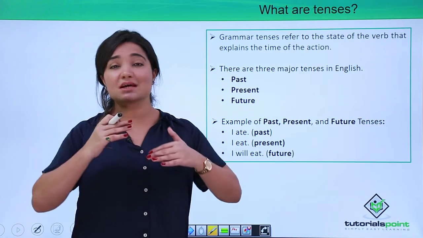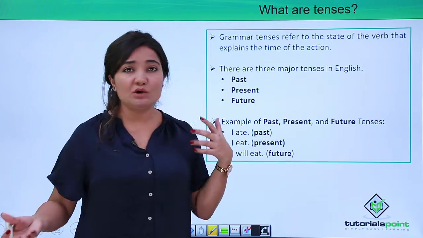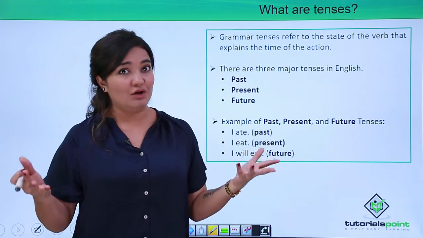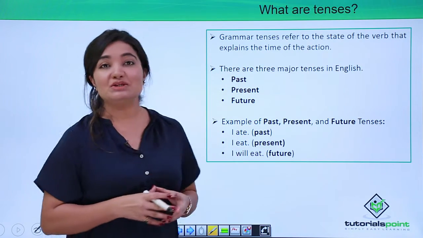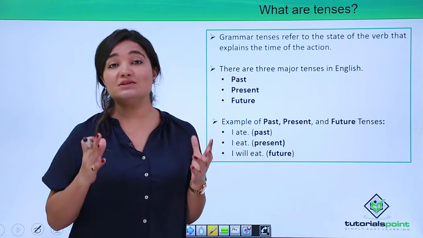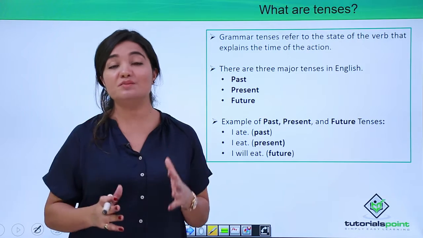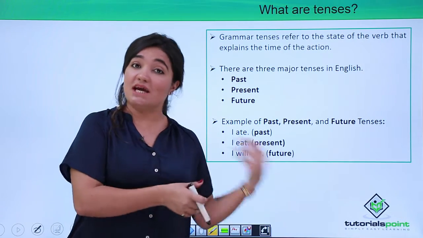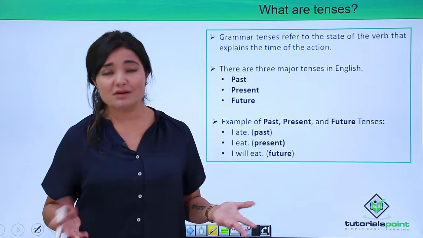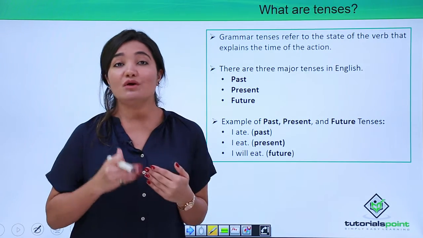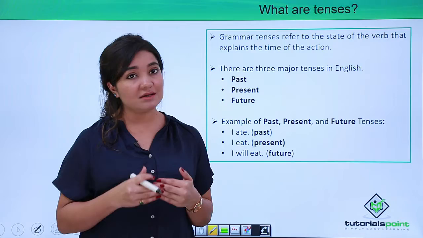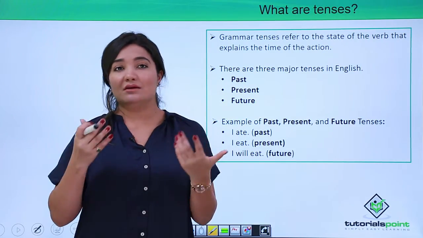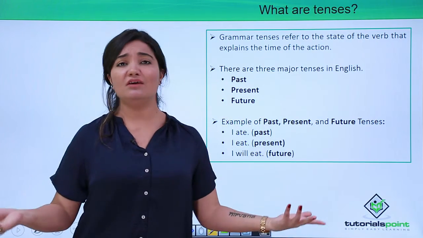So this is the magic which verbs can spread in your language, and one of which is nothing but your tenses. This is the importance of verbs, and because these are important, the tense form of it is even more important, because until and unless we are aware of the time frame, until and unless we are aware as to when a particular thing happened, everything in our life will go haywire.